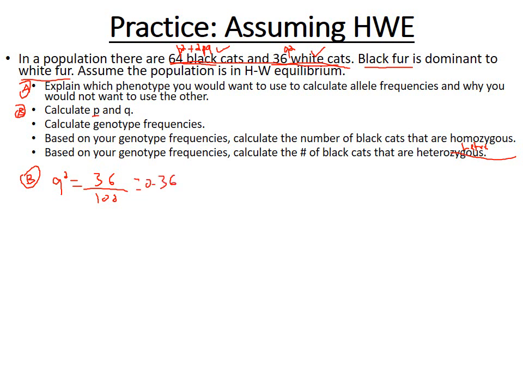Now that we have Q squared, we can find Q by doing the square root of 0.36, and we get 0.6. Now that we have Q, we can find P. P is equal to 1 minus 0.6, and we get 0.4.